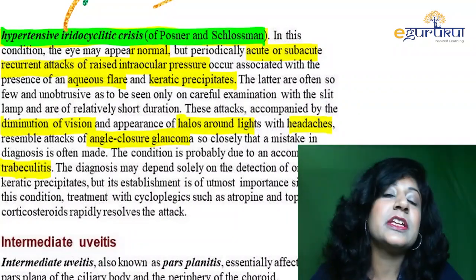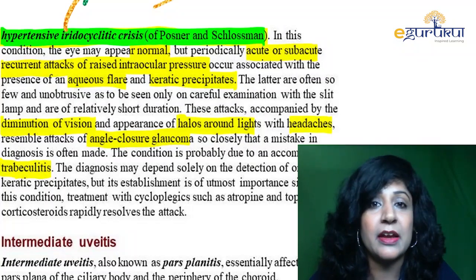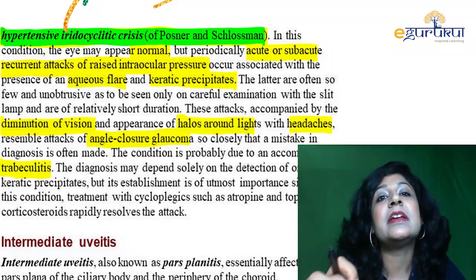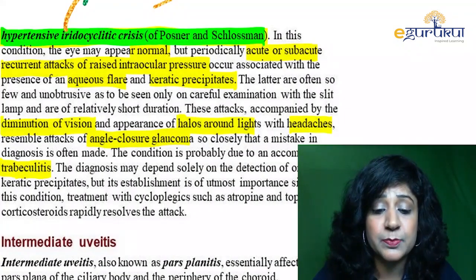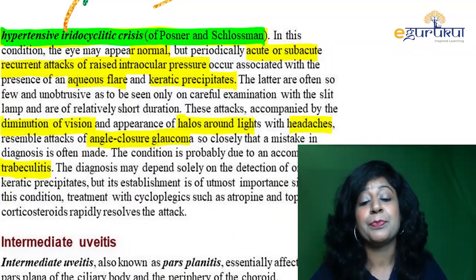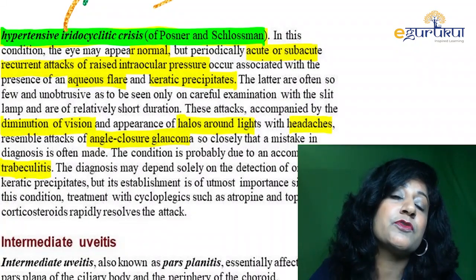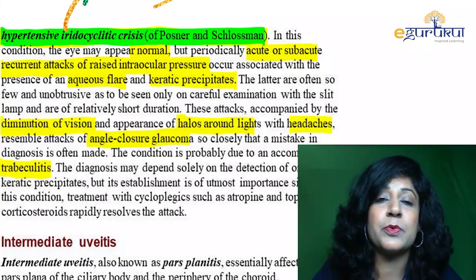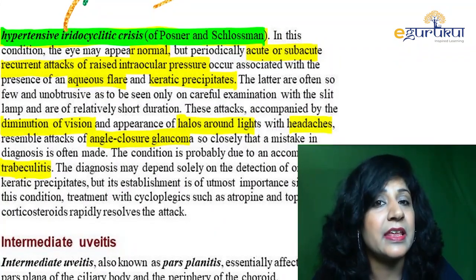Now see the difference here. Angle closure glaucoma takes place due to the sudden closure of the angle of the anterior chamber, but here it is not the sudden closure of the angle, yet glaucoma is taking place here. So what is the difference? The trabecular meshwork, which is responsible for the passage of aqueous humor, 90% of the aqueous humor has to pass through this area.